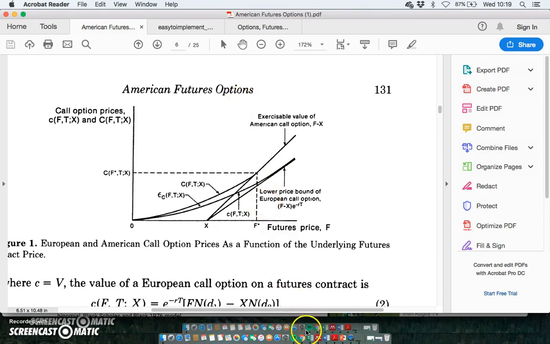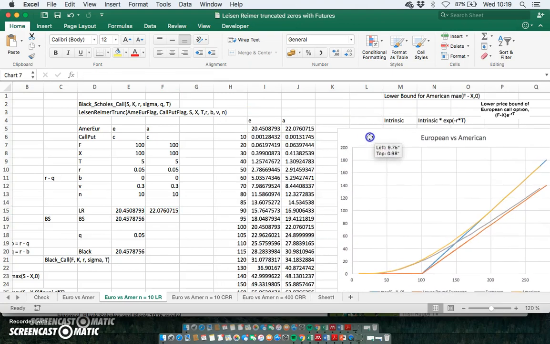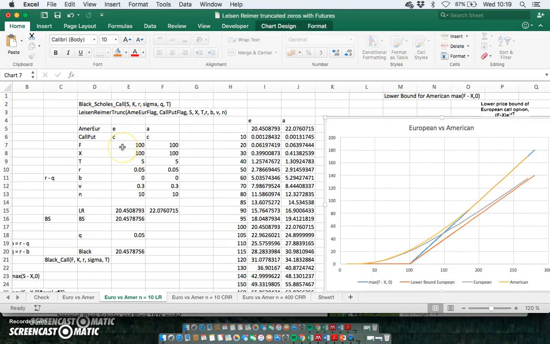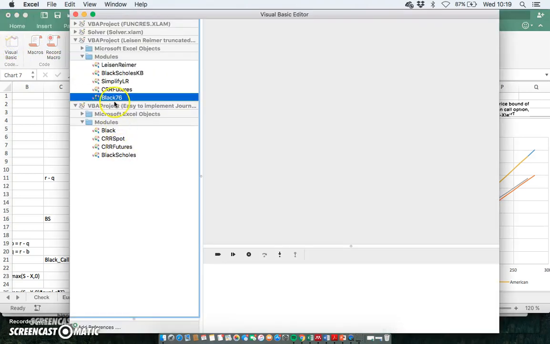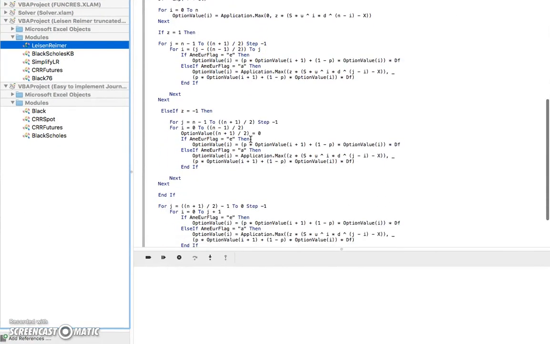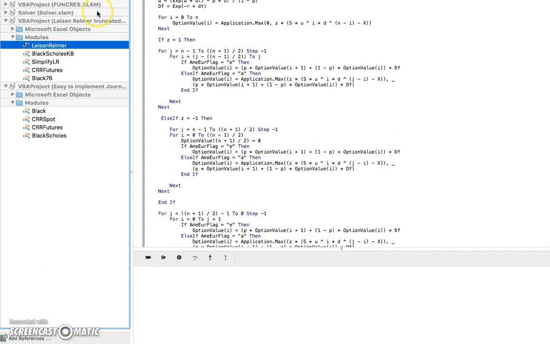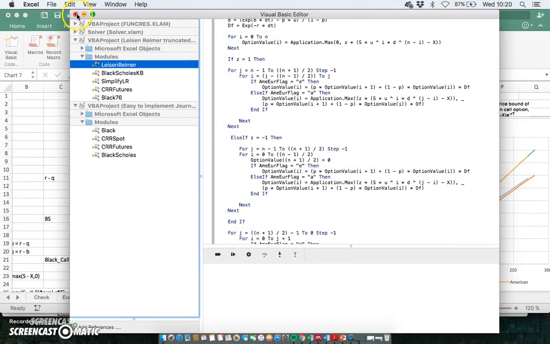Okay, so let's go back in then to our graph. I've recreated this graph, but in this instance I used Leisen-Reimer code, truncated code for Leisen-Reimer, and I followed pretty much in line with Espen Haug's code, but I added some additional modifications that take account of truncating for the 0 region, which naturally occurs in the Leisen-Reimer tree.